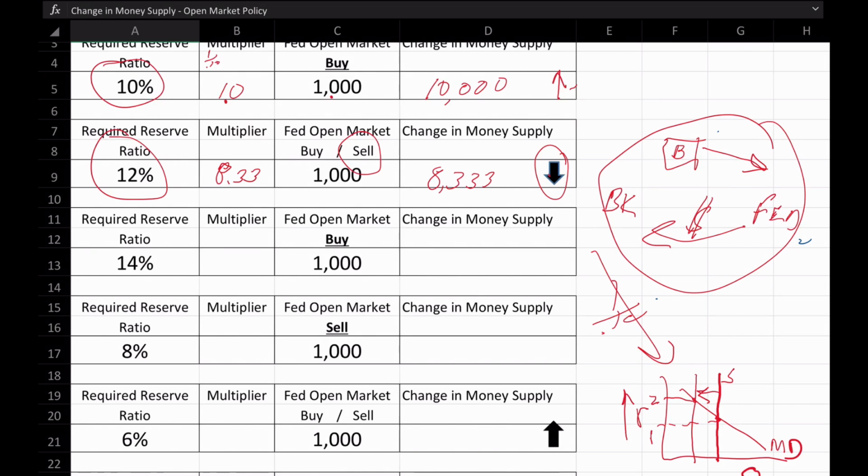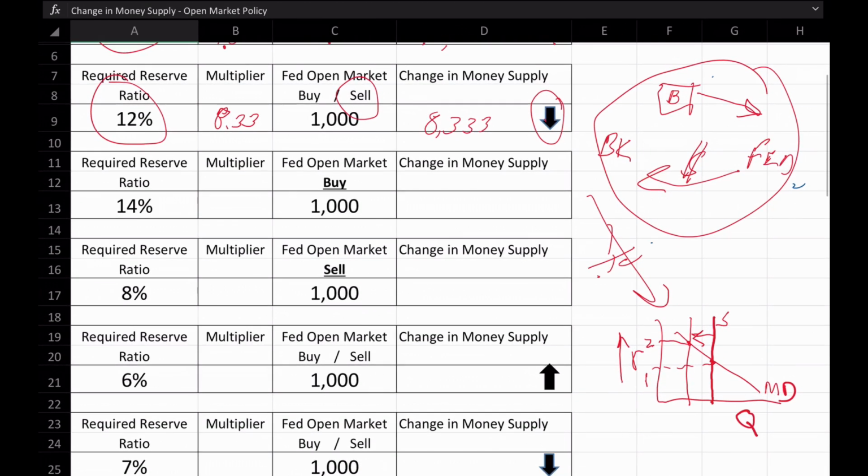Now, let's say you don't know what the Fed's doing, but you find out they're buying bonds. What's that going to do to the economy? So if they're buying bonds, where does the money go? Fed calls up the bank and says, I want to buy a bond from you. I'll pay you cash.